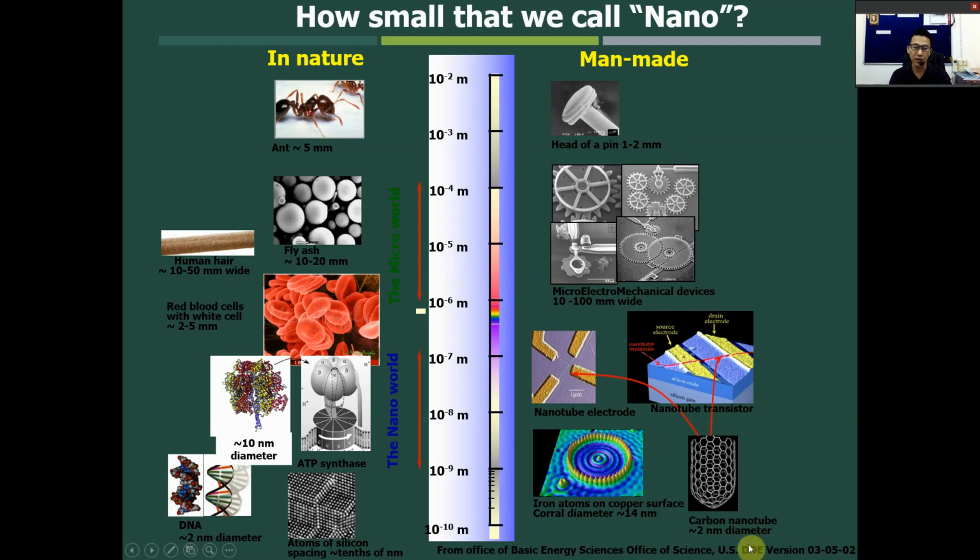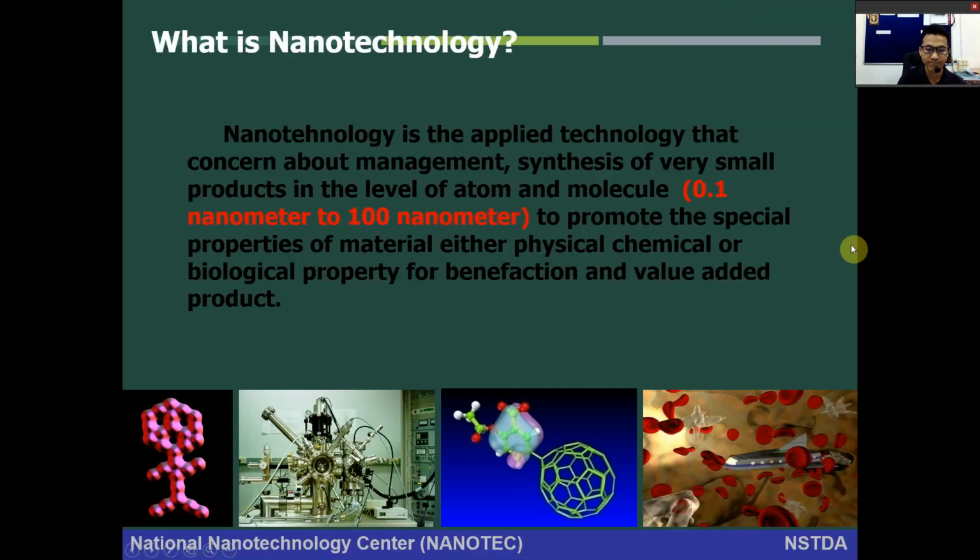It's about 2 nanometer diameter. So there are several things once we talk about size, and size is really important, especially when it gets smaller down to the nanometer size range. It can cause a huge difference and huge impact on other things as well.